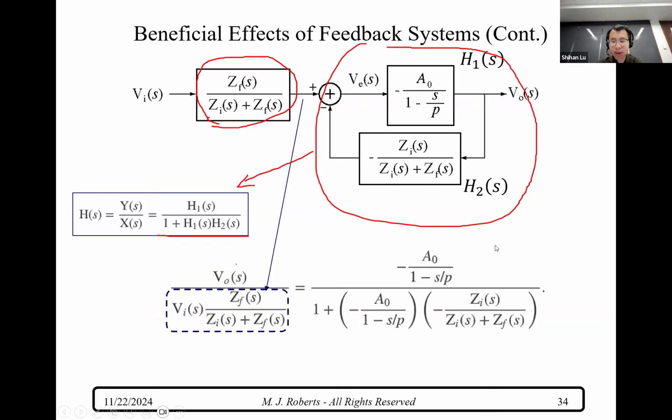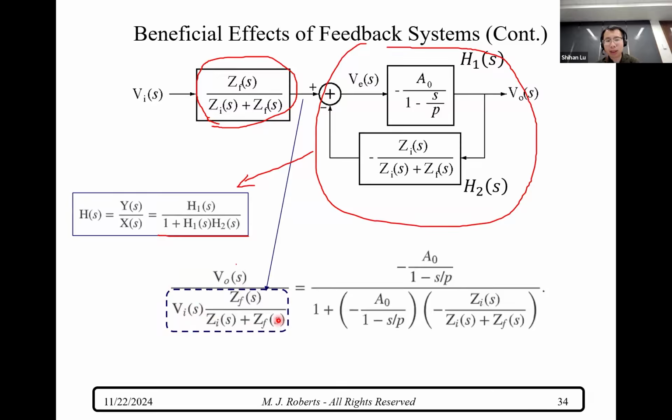All right, let's continue. So once we get the transfer function of the system, which is this one, the left side of the equation, and because we cascaded another term into the overall system, we have this cascaded term in the denominator of the transfer function.